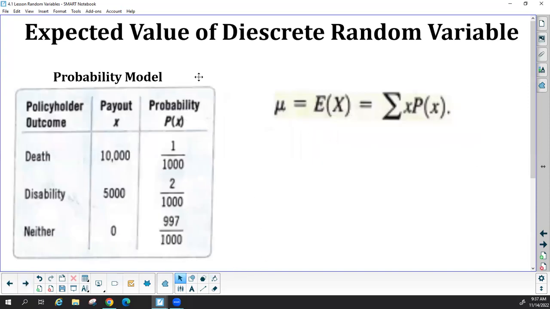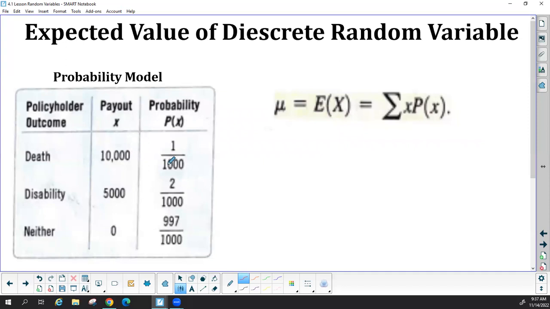And so we can create first what we call a probability model. And that's right here. Basically, we're just laying out the options, the outcome when that option happens, and then the probability of that option.